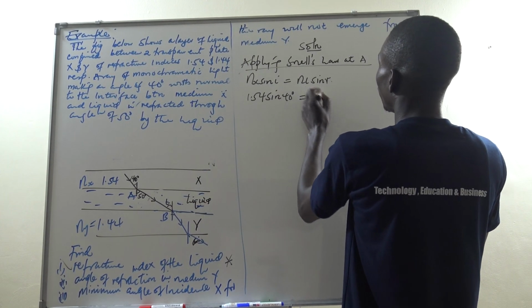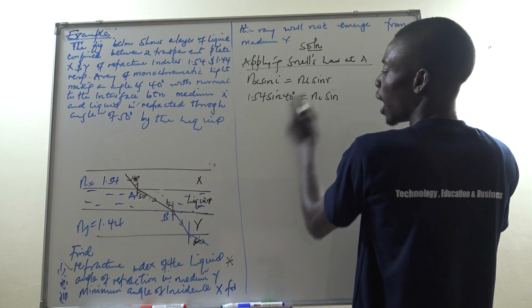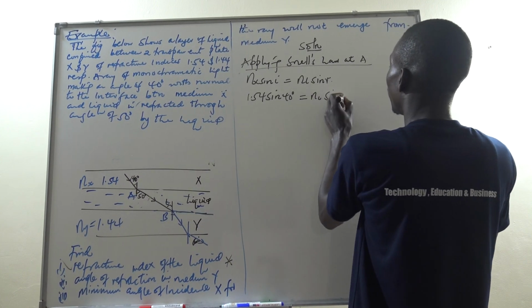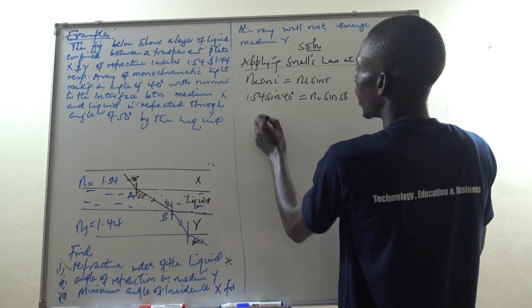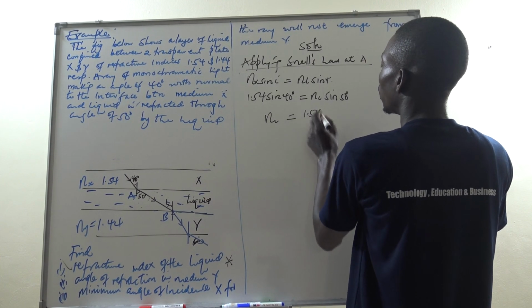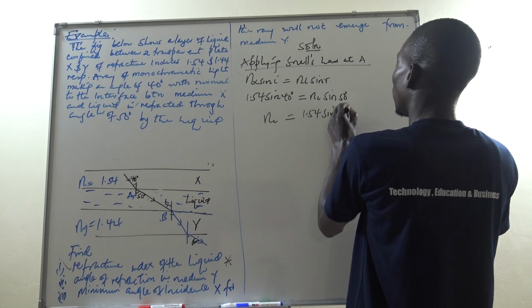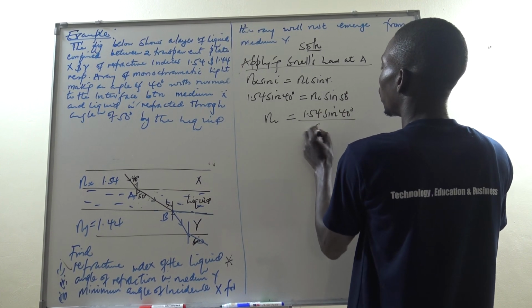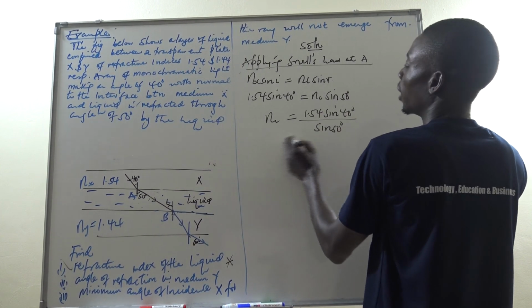And then refractive index of the liquid, sine of angle in the liquid is 50. So that means that my NL sine R is equivalent to 1.54 sine 40 out of sine 50.